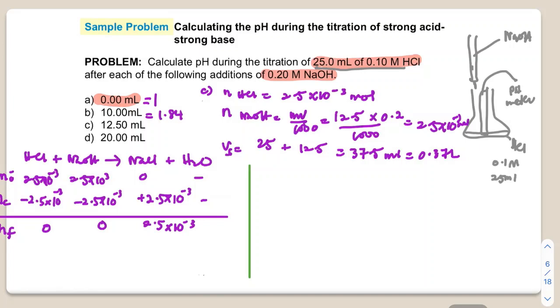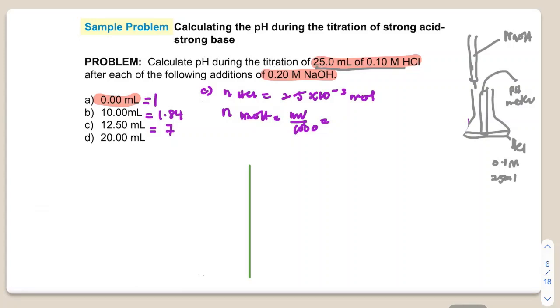And then we know that this salt is a neutral salt because it is a product of a reaction between a strong acid and a strong base. None of the ions from the dissociation of the NaCl will further hydrolyze. So the pH will be equal to 7. So the pH after 12.5 ml of the sodium hydroxide is added is equal to 7.